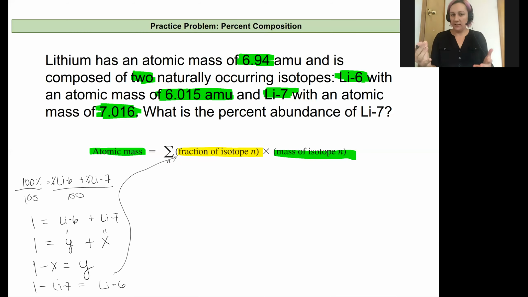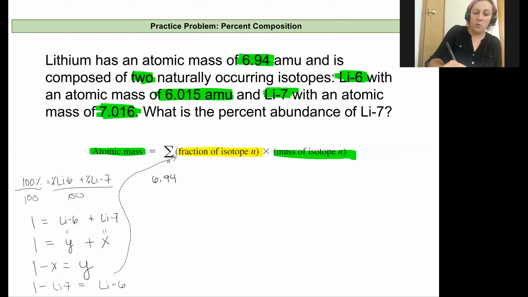So let's write this out. The atomic mass is 6.94 atomic mass units. That's going to be equal to the fraction of one isotope times its mass, plus the fraction of the other one times its mass. Let's do lithium-6 first.